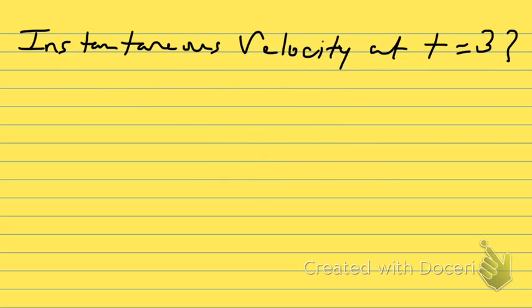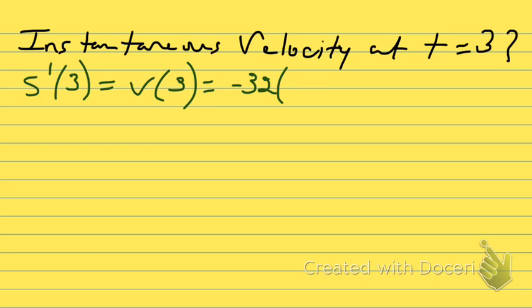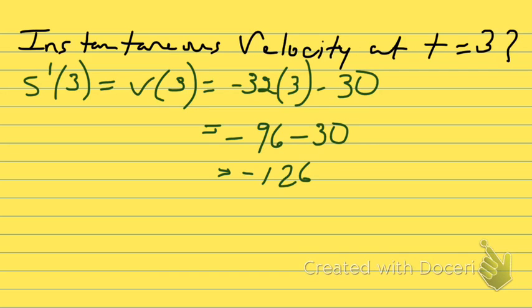As for the velocity at time is 3 seconds, same thing. Plug it into your first derivative. In other words, plug it into your velocity function. That's negative 32 times 3, take away 30, negative 96, take away 30, it's negative 126 feet per second at time is 3 seconds.